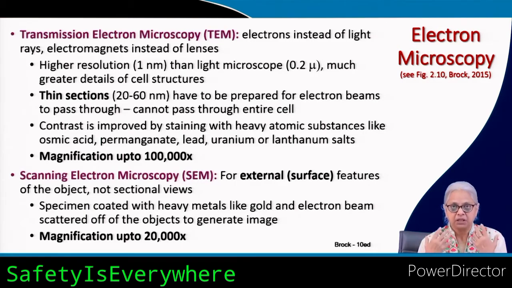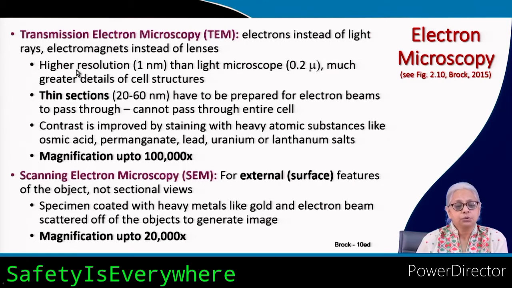In light microscopes, we are actually looking at the image, and whether we do it through an ocular lens or through a camera, either way, it's the actual visual image. In electron microscopes, you're not really looking at the object, you're generating an image utilizing this principle of electrons as light rays and electromagnets as lenses. Then you generate an image, again through image processing software, and that is how you visualize the specimen.